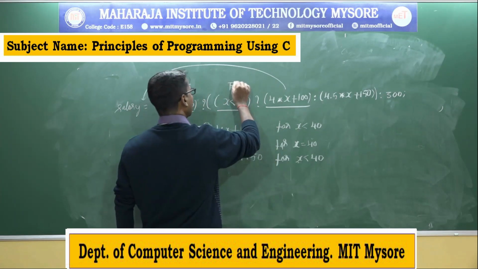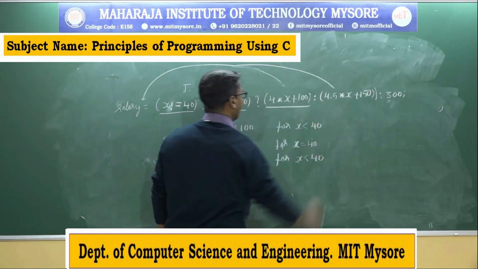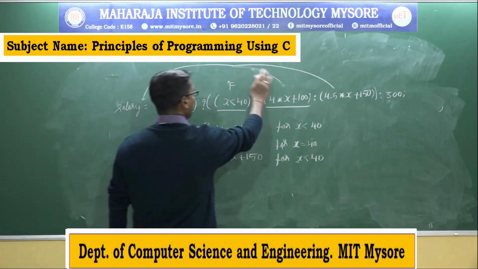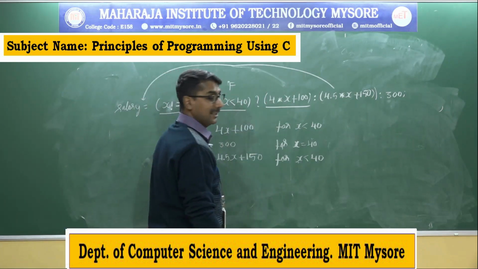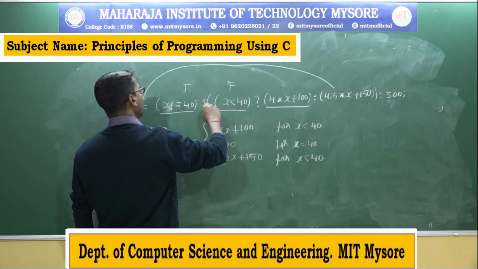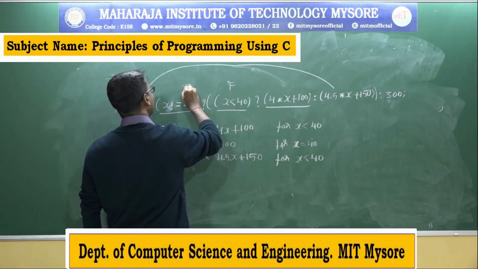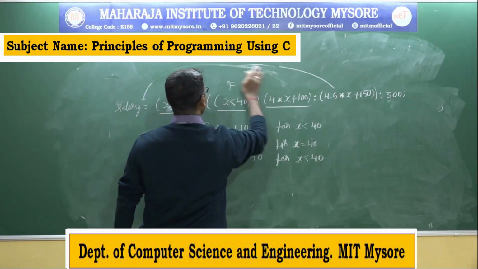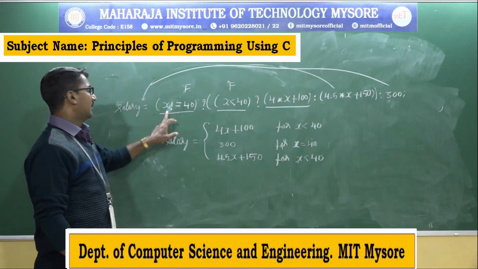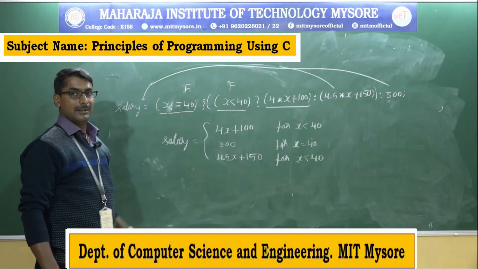If this condition is false, then it will assign 4.5 into x plus 150. When expression 1 is true, one more condition is checked. If the condition x not equal to 40 is not satisfied, then it directly assigns 300.